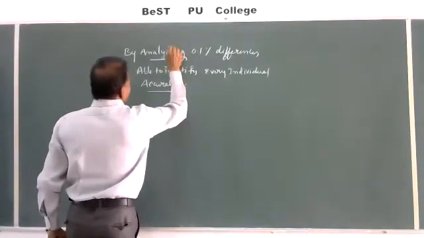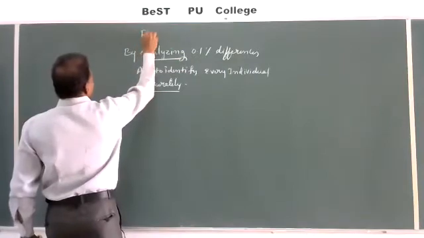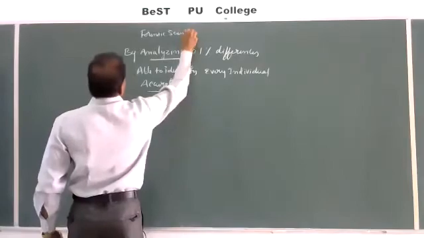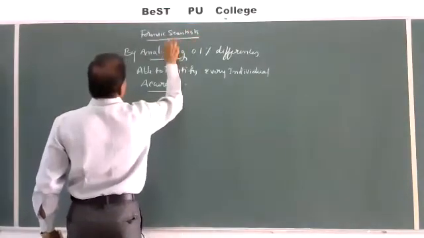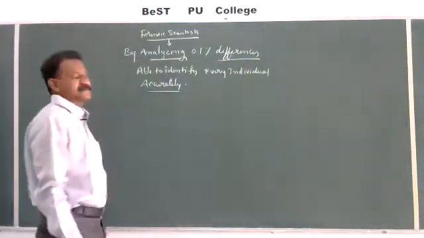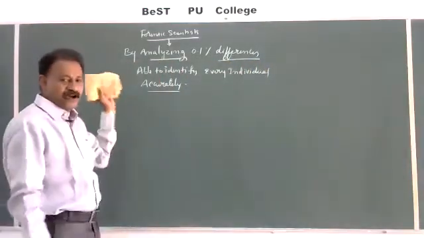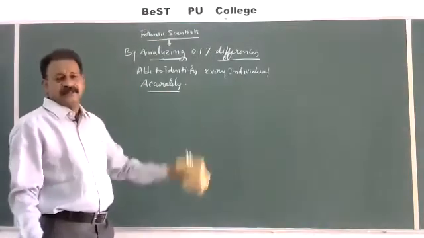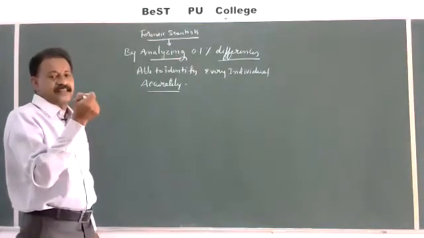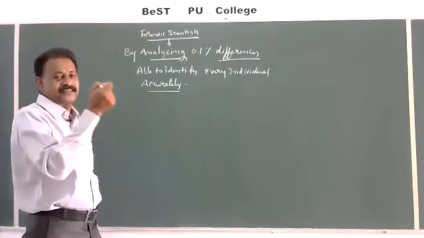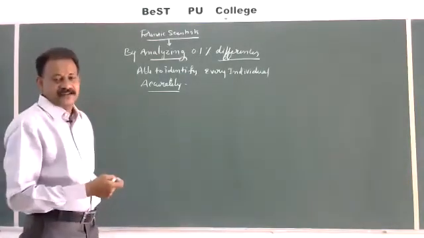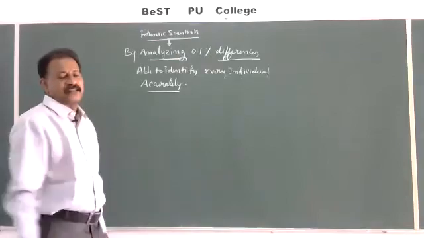So forensic scientists are responsible for analyzing the 0.1% differences among individuals. Almost all human beings have the same DNA sequences. Only a small amount of DNA is different in these organisms. That difference they want to analyze by a method, and that method is called DNA fingerprinting.